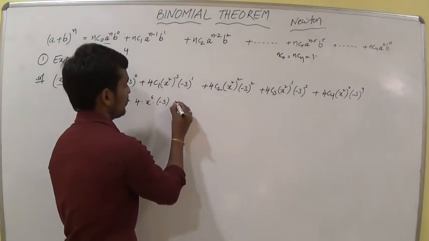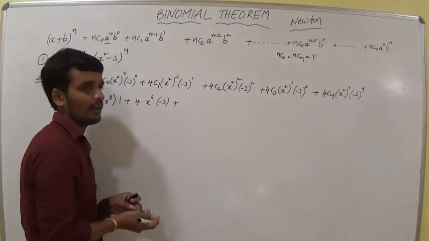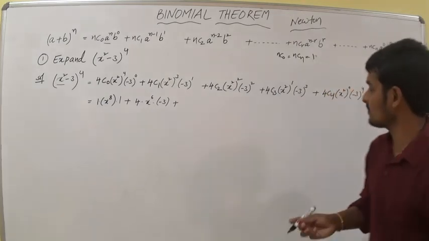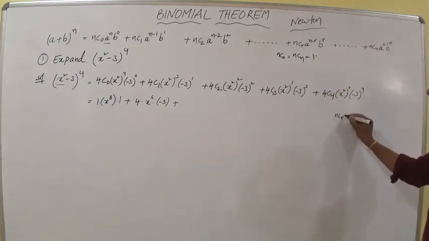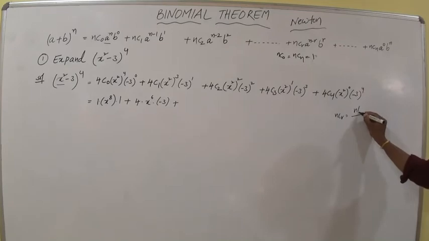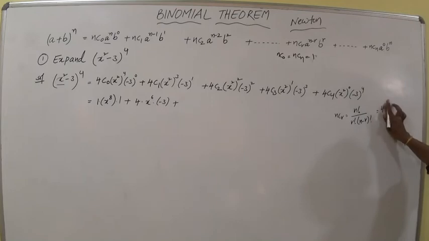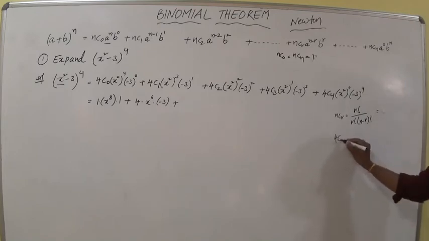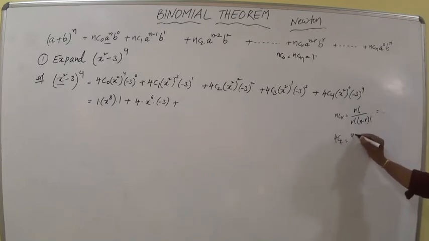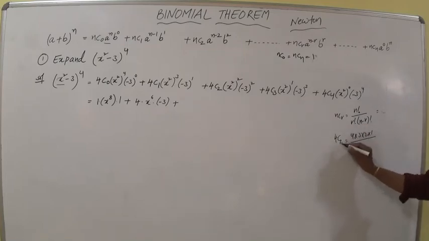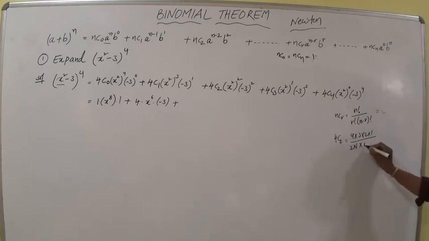Next, what is the value of 4C2? How can we find the value of 4C2? We know the formula. What is the formula? nCr is equal to n factorial by r factorial into (n minus r) factorial. So we have 4C2. 4C2 is equal to 4 factorial, 4 factorial means 4, 3, 2, 1, by r factorial, r means 2, 2 into 1, and 4 minus 2 is 2, again 2 into 1.